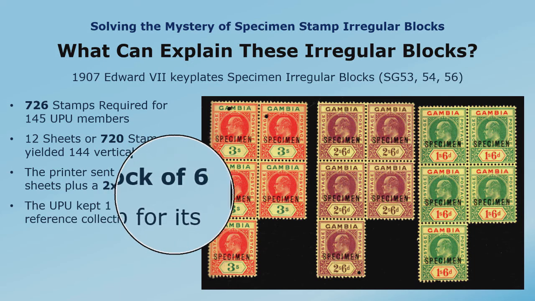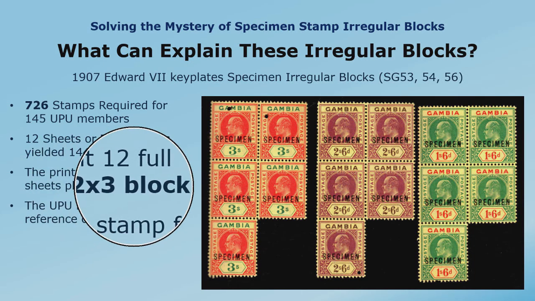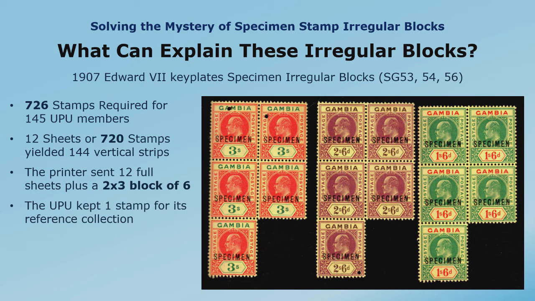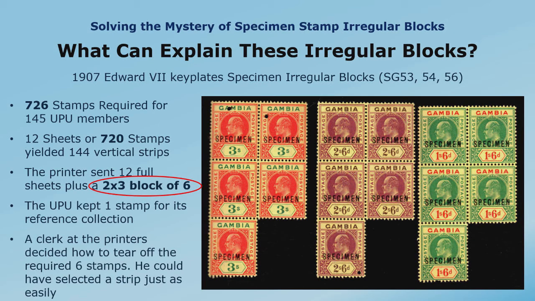What the printer elected to do was take that extra sheet, and instead of taking a strip of 6, which they could have done, it was really up to the clerk to decide how to split that second sheet.